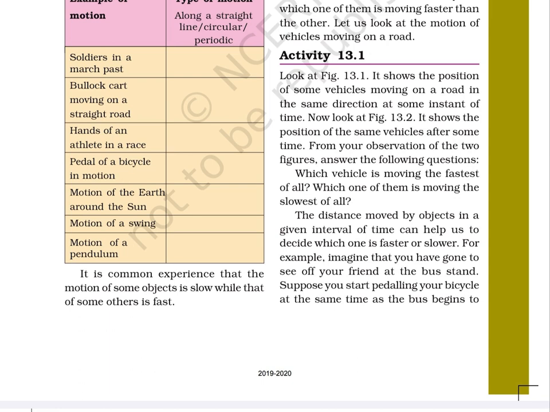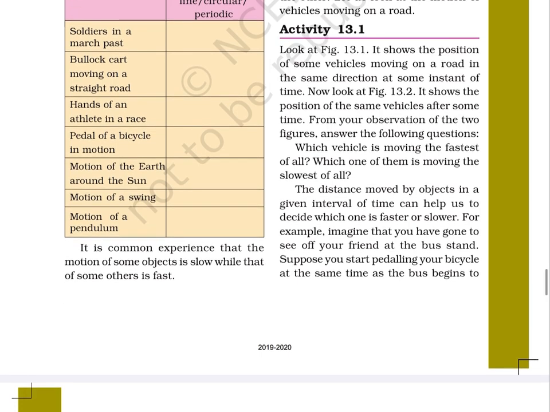Now, observe figure 13.2. It tells the position of the same vehicles after some time. From your observation of the two figures, answer the following questions. Which vehicle is moving the fastest of all? Which one of them is moving the slowest of all?